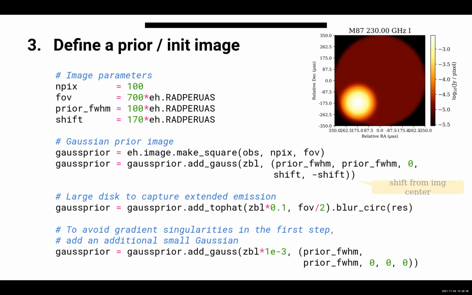But I think it illustrates very well how you can play with different priors and add different geometric models to your prior to make it a better guess for the imaging algorithm. There's a Gaussian in the bottom left corner, and a large piece to capture extended flux, and that's basically our prior here. Next slide.